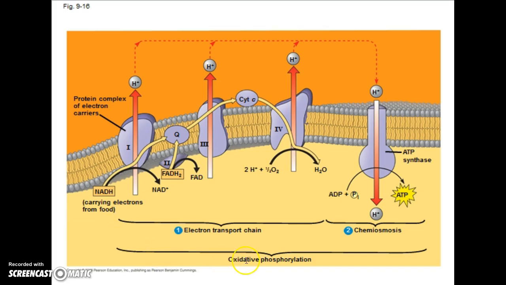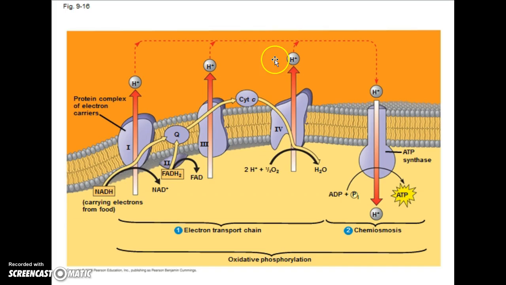So to put the whole oxidative phosphorylation thing together, we see the electron transport chain and chemiosmosis working together here. Once again, as the electron carriers dump off their electrons to those cytochromes, the cytochromes carry them across protein complexes. And each time an electron goes through a protein complex, we see hydrogen ions pumped from inside the mitochondrial matrix to the intermembrane space.